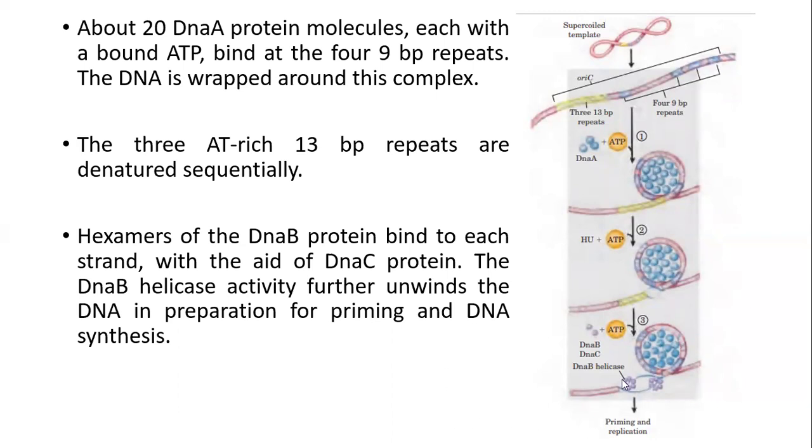So two such helicase complexes will be polymerized along each strand of DNA, initiating formation of a replication complex. So overall, two replication complexes, or two replication forks, are generated here. And now the DNA is ready for the next step, that is priming.